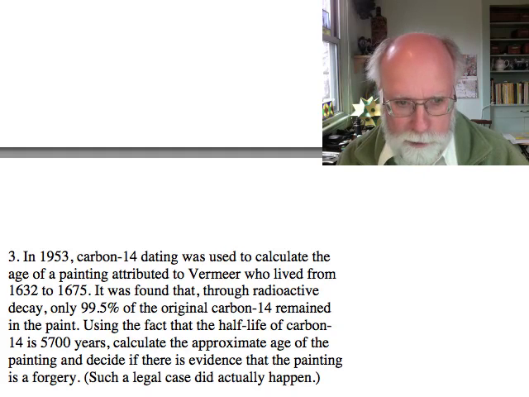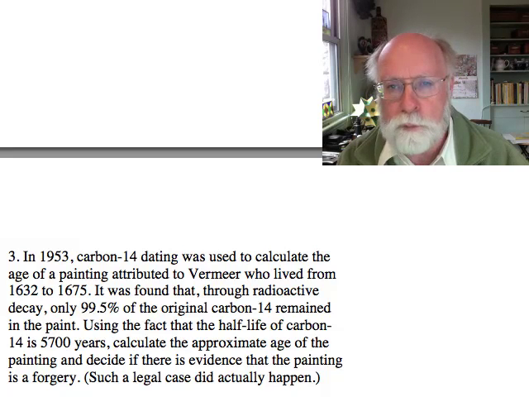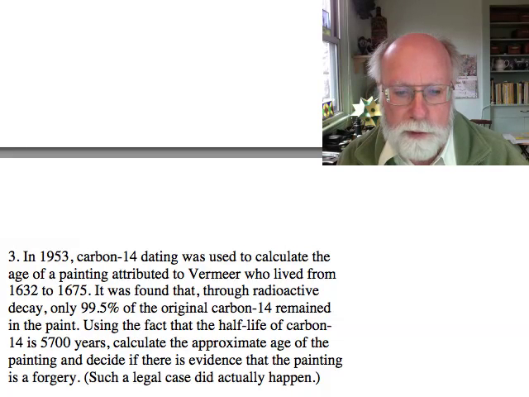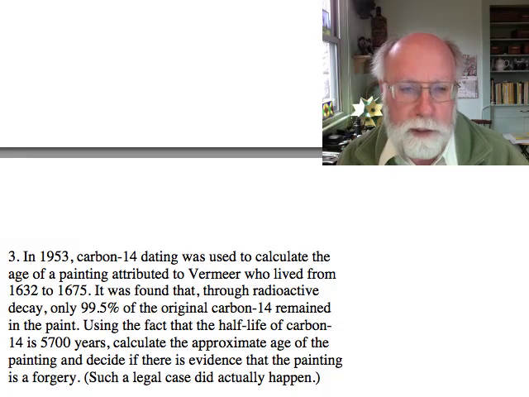And we're given that 99.5% of the original carbon-14 is still there, and we're asked to do a carbon-14 dating to see whether this painting is actually a forgery. This calculation was used in a legal case about the claim that this painting was a forgery.